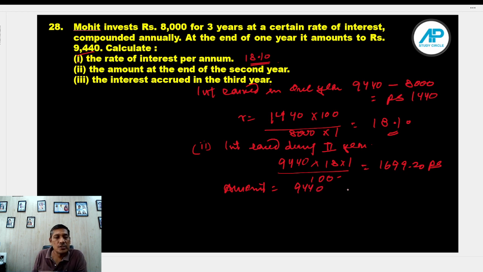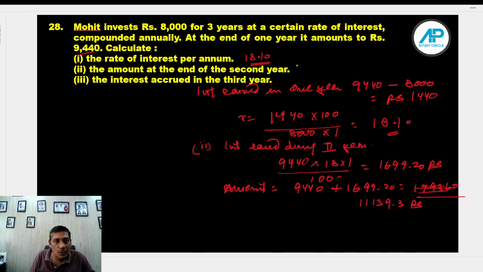Amount is 9440 plus 1699.20. I check this value again: 9440 added to 1699.20 is giving me the value 11139.2 rupees.